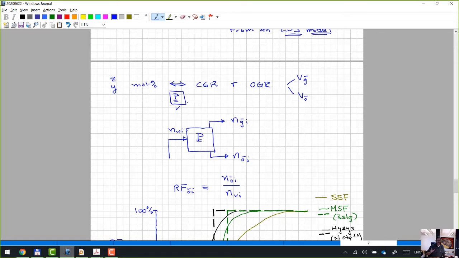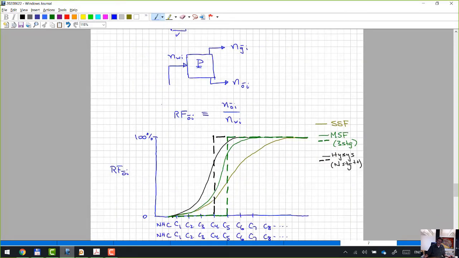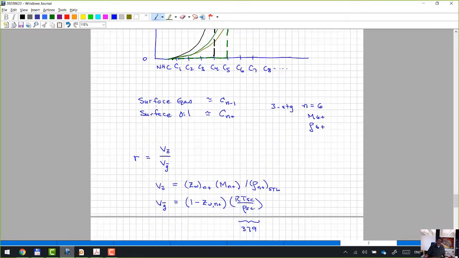So they often just don't do it. And even if they did, it might be at a set of separator conditions, 2 or 3 stage, that are different than what you want to actually do your processing at. So you'll end up needing an equation of state one way or another to make this conversion. The COG will be affected by the process, and the little rs will be affected by the process. Any questions about this?